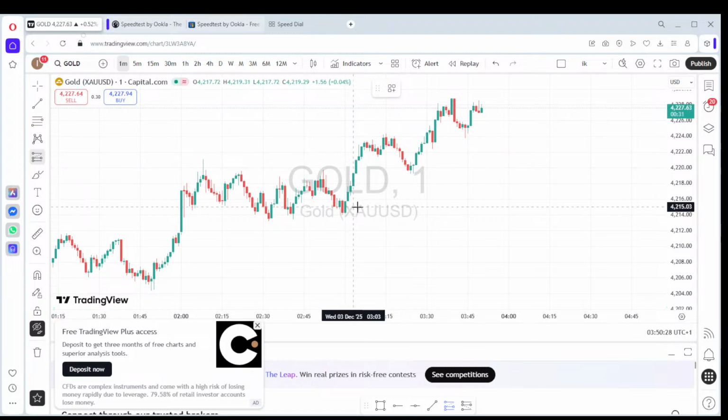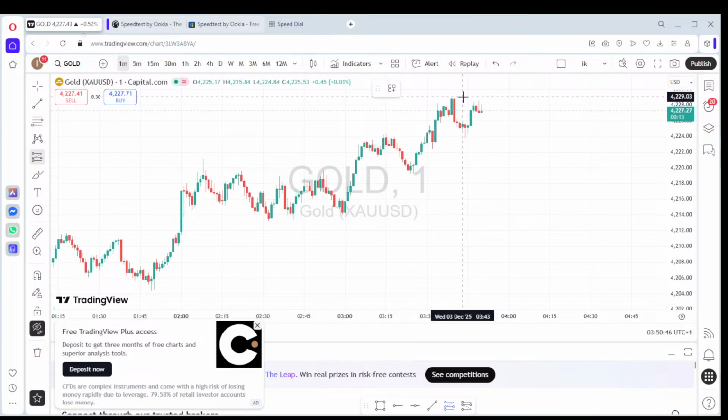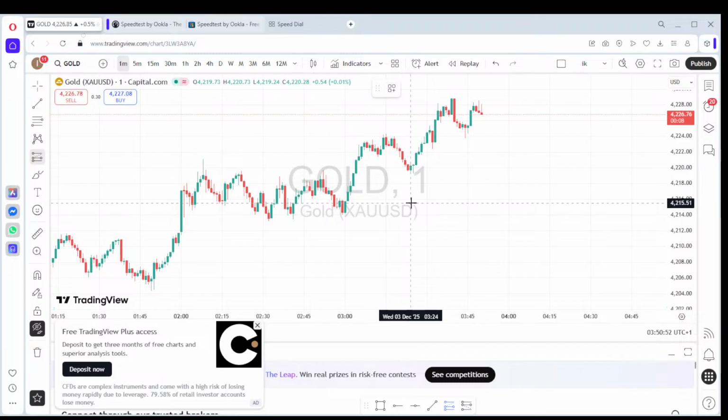Now I would prefer coming down to this point before taking a buy. I will see it return back to another block, and create another block. So that would be nice to buy. So for now, let's just wait for it here and here. My preferred place would be here.